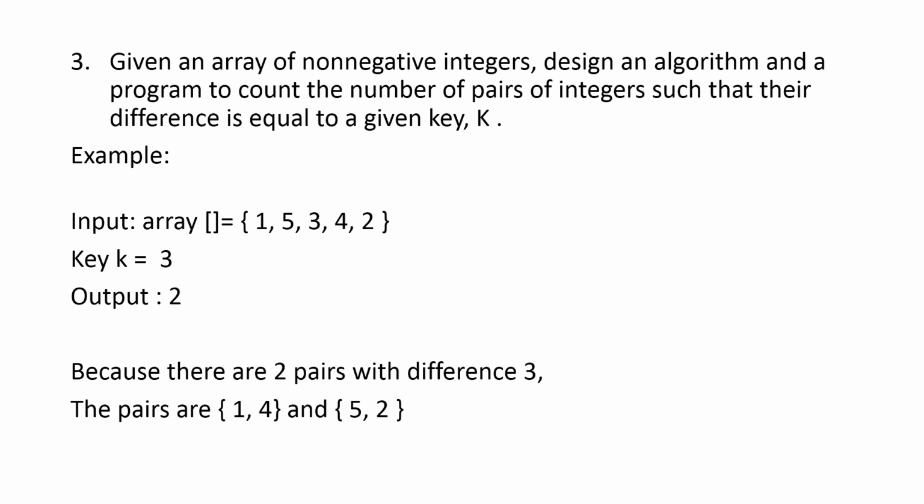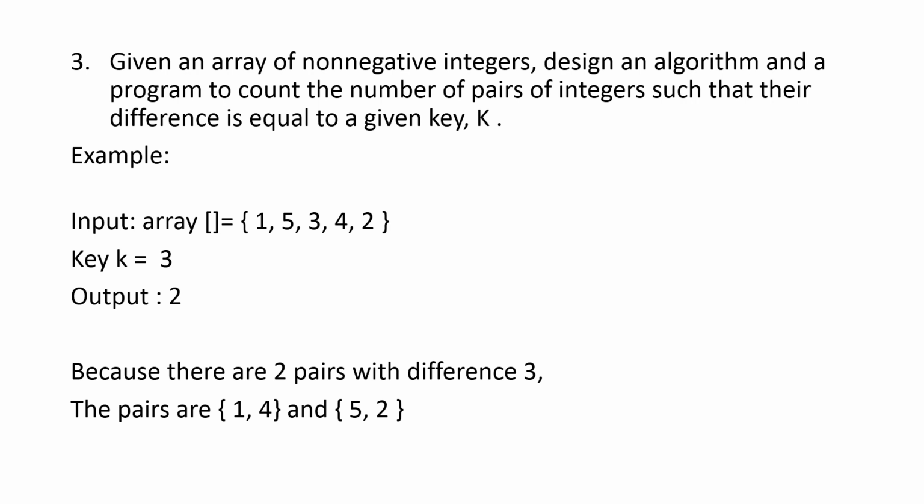Okay, and so on. So the simple approach is to consider all the pairs one by one and check their difference. If the difference is equal to key, then you increment the value of count, otherwise it stays the same. You require two loops: the first loop for i from 0 to n, and the second loop from i plus 1 to n.